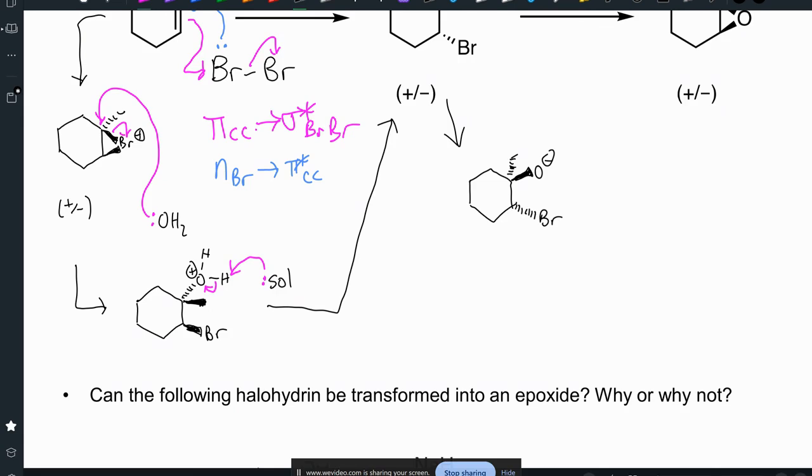And when I deprotonate the alcohol, it has a leaving group next door. It's going to do an intramolecular SN2 to make the epoxide. And we get bromide as our side product there.